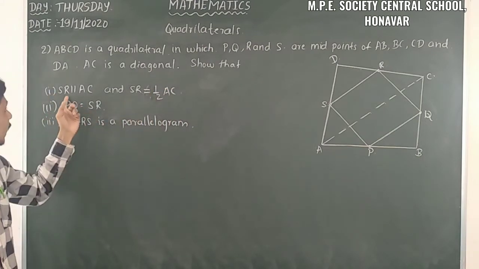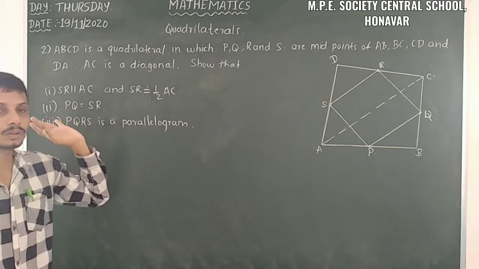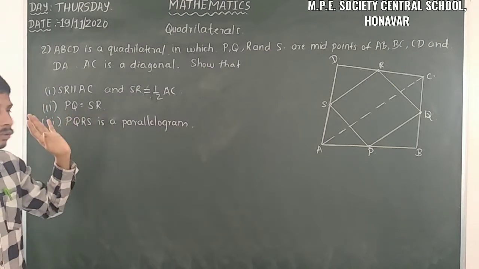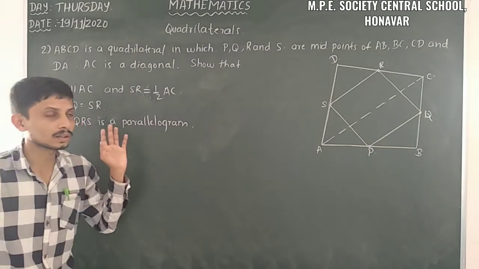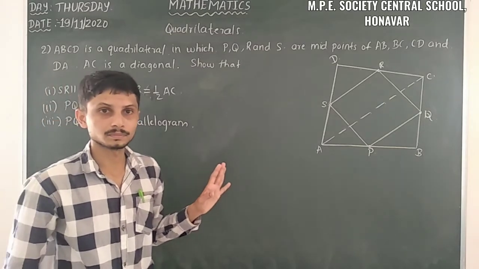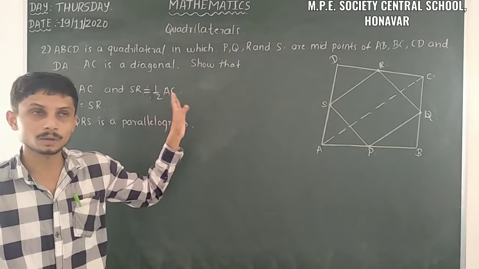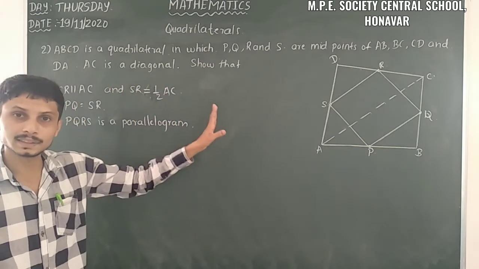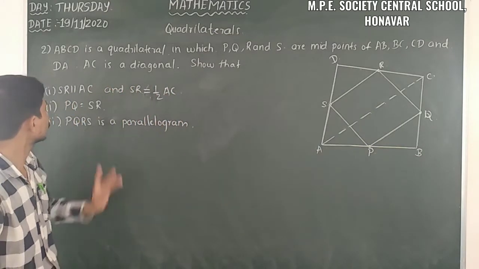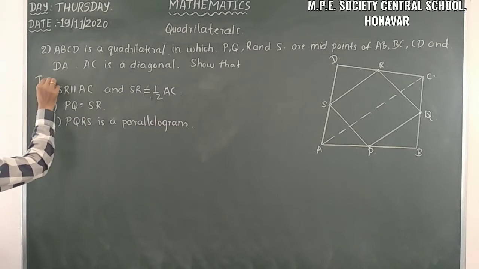Then we have to show SR is parallel to AC and SR is equal to half of AC. Then PQ is equal to SR and PQRS is a parallelogram. We have to prove this. It is already given that P, Q, R and S are the midpoints of AB, BC, CD and DA, and AC is a diagonal. That is to prove.